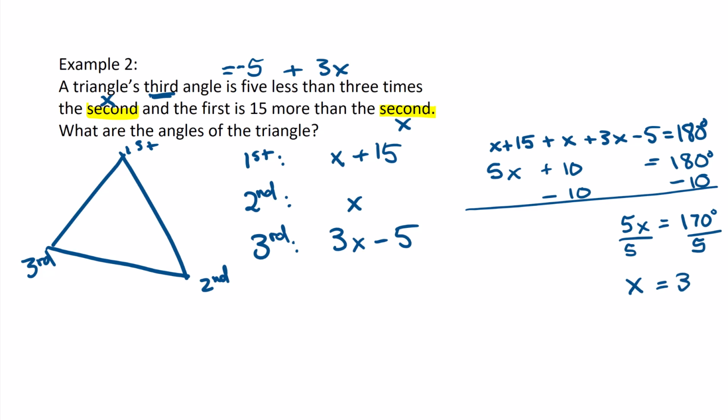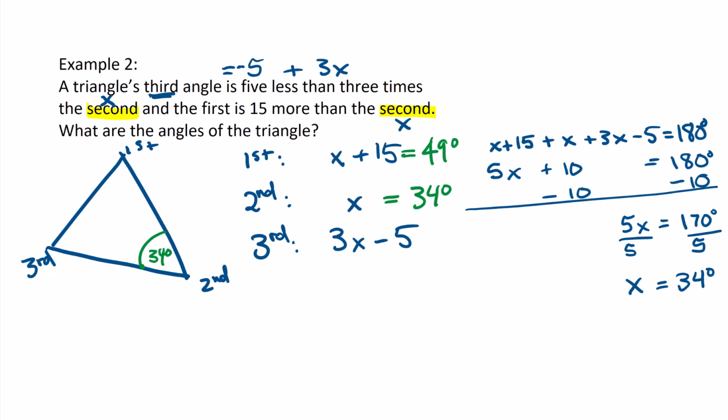34 degrees. So now I'll change my colors here. x is equal to 34 degrees. x is my second angle, so this is 34 degrees. Now I need to find x plus 15. So 34 plus 15 would be 49 degrees.